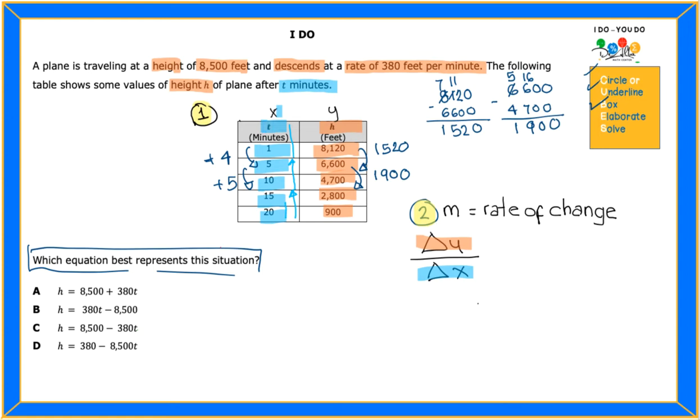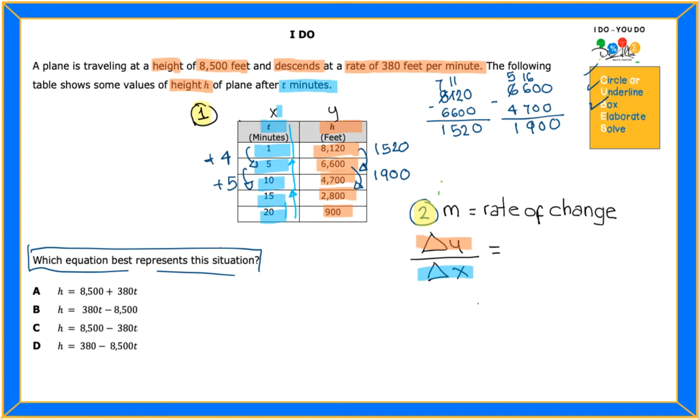So we're going to do our operations, and because I got two different values, I'm going to do this twice. If the rate of change is the same with the two different changes that we measured, then we can use that value as the rate of change that is describing the whole table. And so that's what I'm going to do right now.